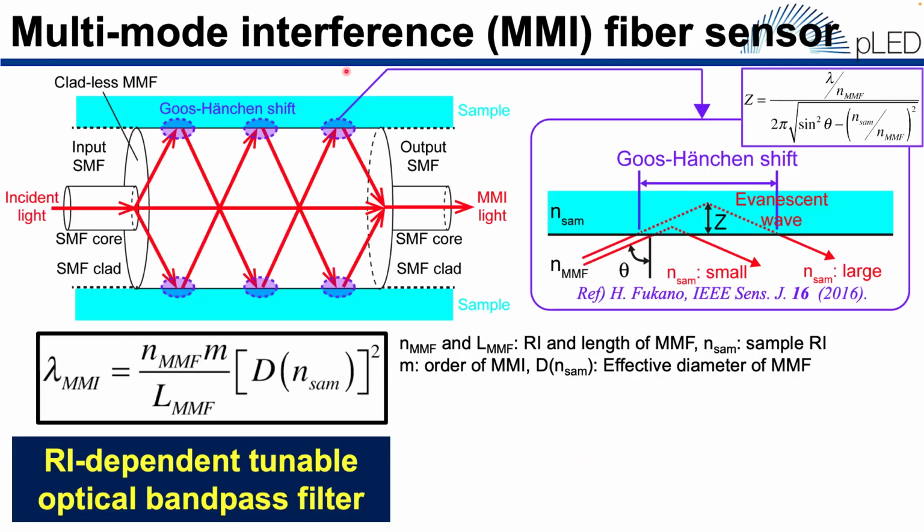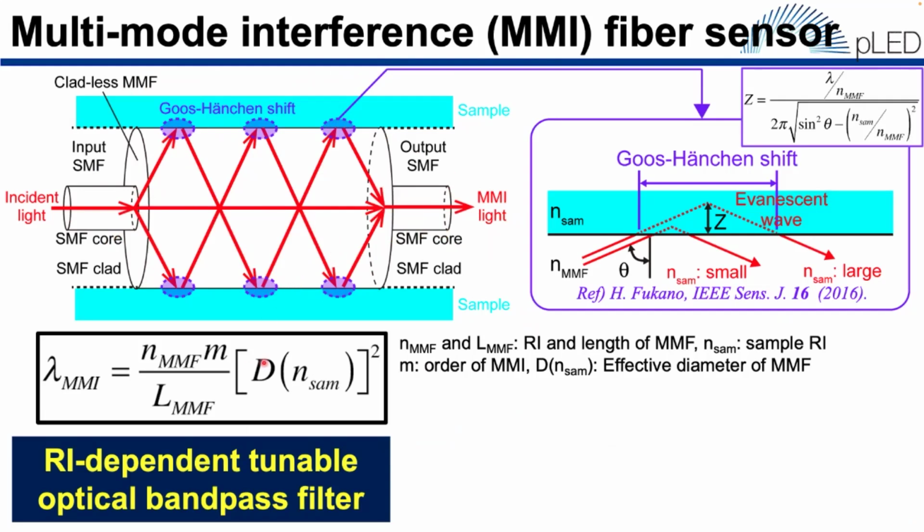We here use a multimode interference or MMI fiber sensor, like here. The MMI fiber sensor is composed of a coreless multimode fiber together with an input and output single mode fiber. The incident light is diffracted and repeats a total reflection and goes towards the output SMF.